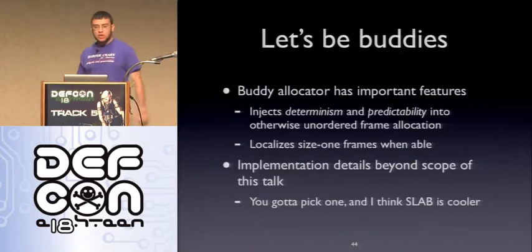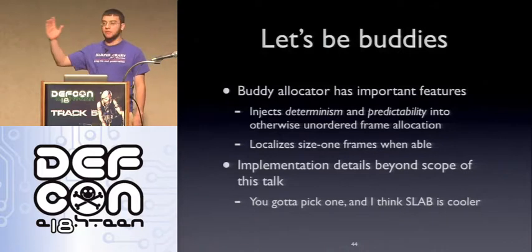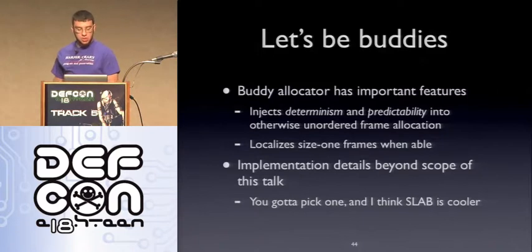But what's important about the buddy allocator anyway? With a run-of-the-mill frame allocator that's just grabbing frames, there's no real ordering to those frames. So this is going to inject determinism, predictability into frame allocation, where otherwise we'd just be picking frames at random.